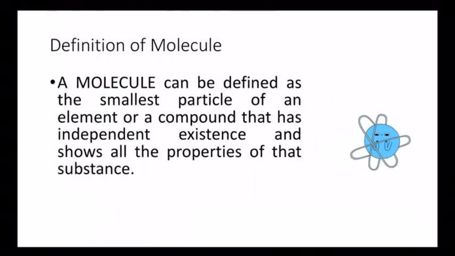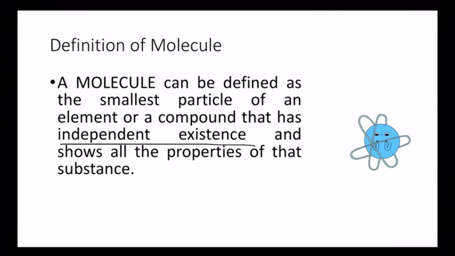Now we move on to the definition of molecules. A molecule can be defined as the smallest particle of an element or a compound that has independent existence. Please compare this. In the previous module, we learned atoms may or may not have independent existence.